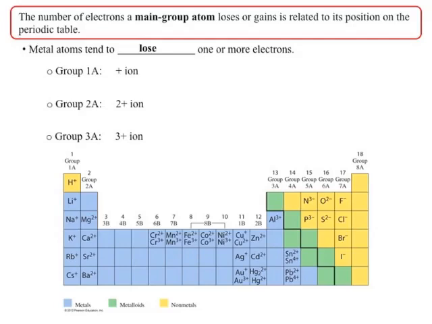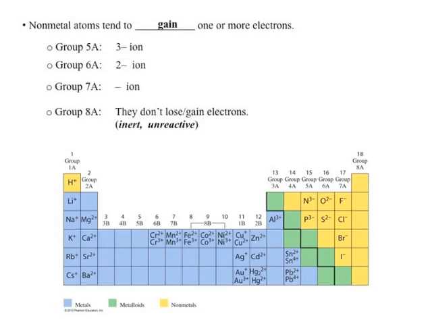Let's move to the next slide. Now, non-metal atoms often gain electrons. They usually do not lose electrons. Therefore, non-metals tend to become anions. Again, the number of electrons gained is related to the position in the periodic table. Let's look at this example.